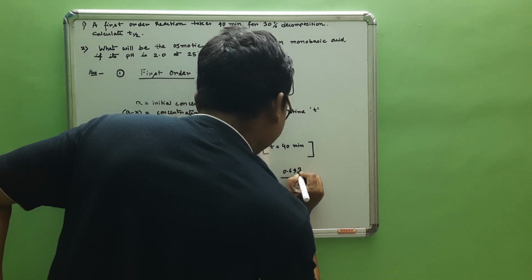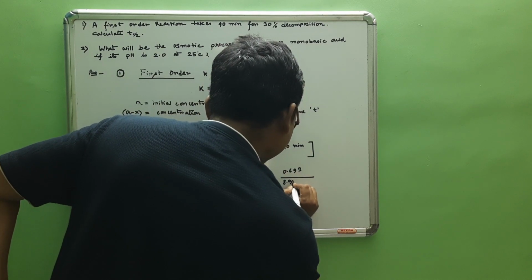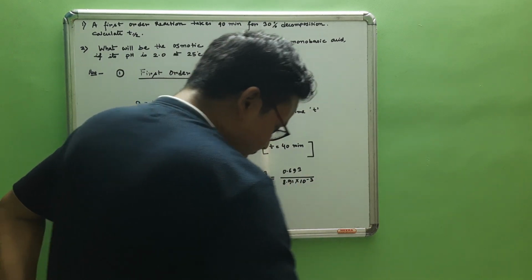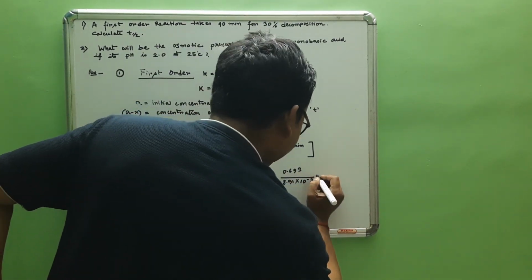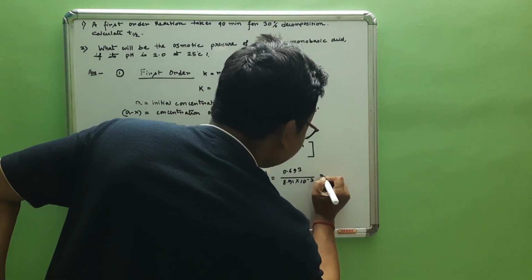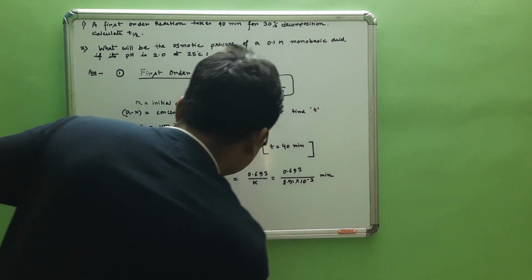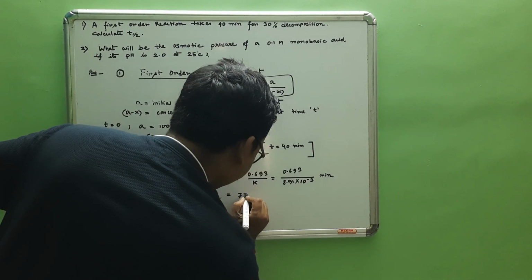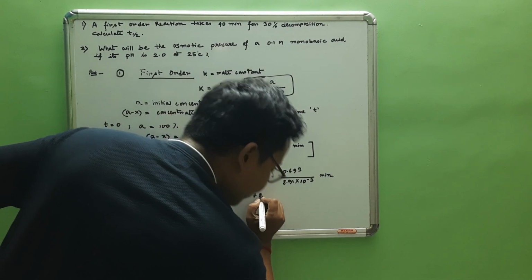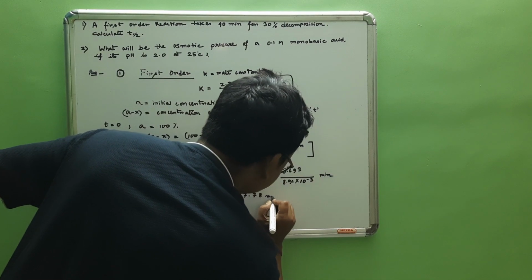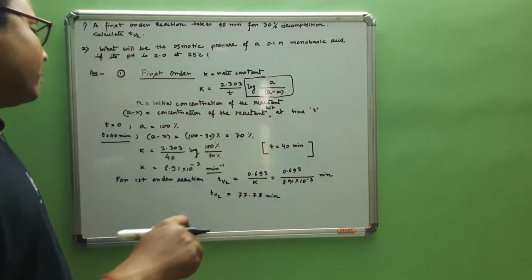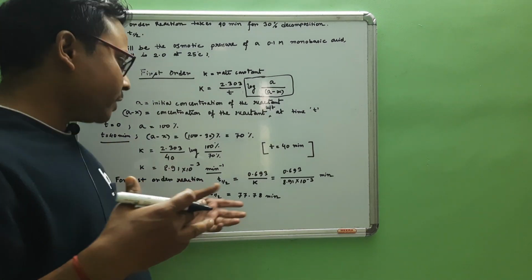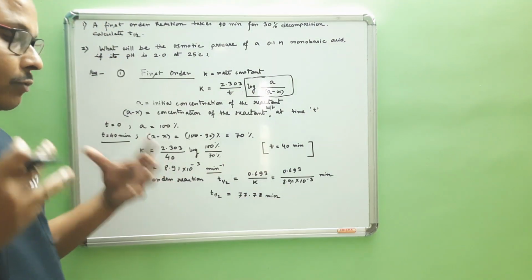This is 8.91 into 10 to the power minus 3, and the unit of k is minute inverse, so the unit of t half should be minute. So after calculating, t half gives 77.78 minute. So this is our answer. T half equals to 77.78 minutes. We are not going through the detail of the calculation because it consumes time.